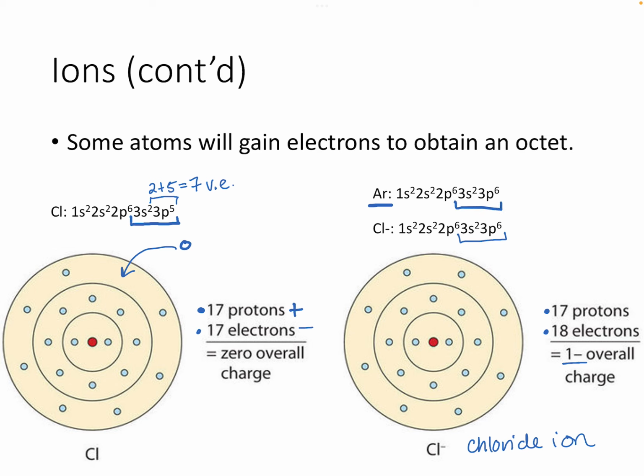And notice that chlorine now has 1, 2, 3, 4, 5, 6, 7, 8 valence electrons. So now it is super stable, and that is a good thing because, for example, table salt has sodium ions and chloride ions in it, and we want to have stable ions in our food, right? We don't want anything to react.